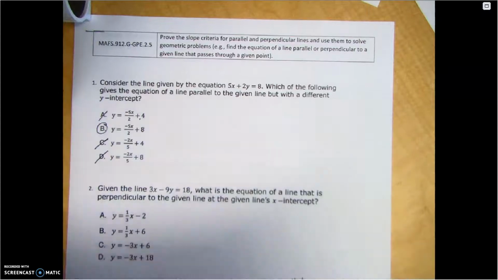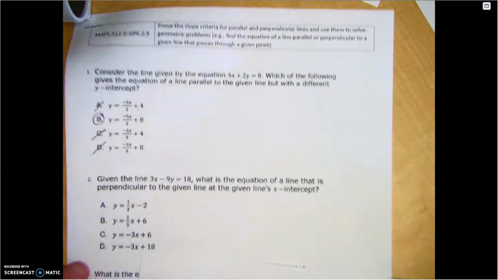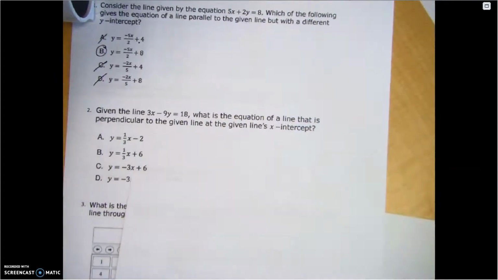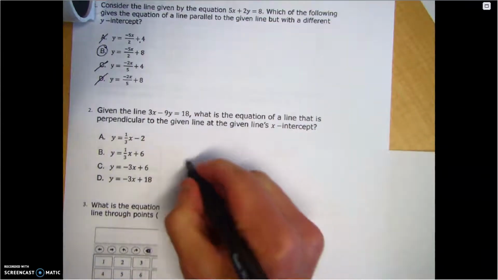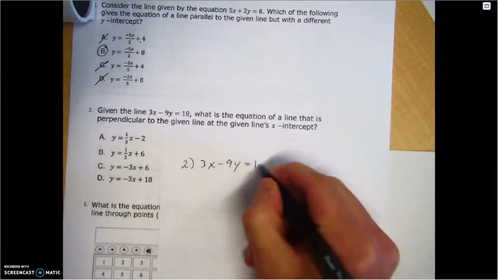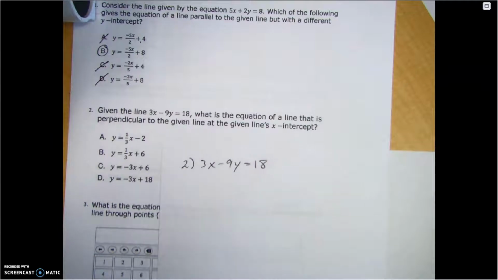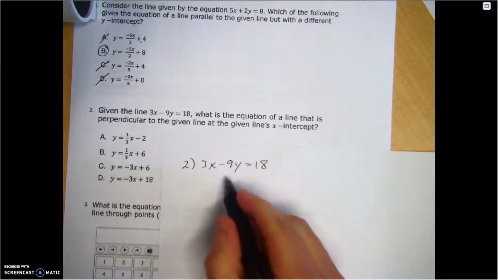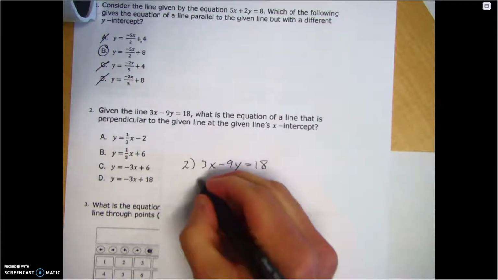Okay, so now let's look at problem number 2. Problem number 2, given a line 3x minus 9y equals 18. What is an equation of a line that is perpendicular given a line's x-intercept? So we want to, again, get this into y equals mx plus b.